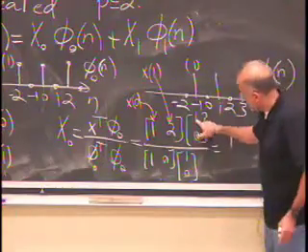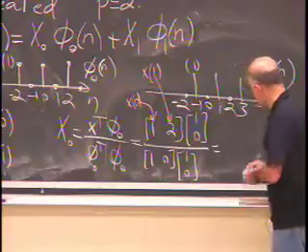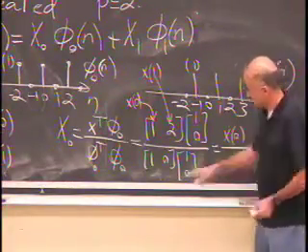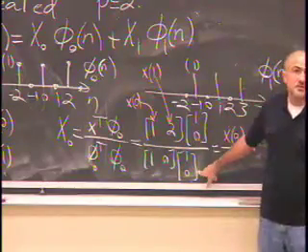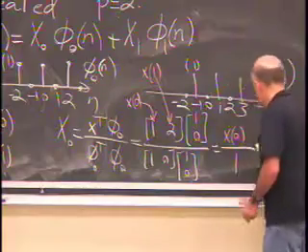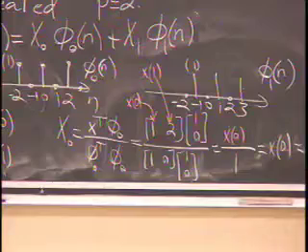So this one picks off x at 0. And in fact, let's write that first. X at 0 over, what's the length squared of phi 0? 1. So you get x0, which in this case happens to be 1.